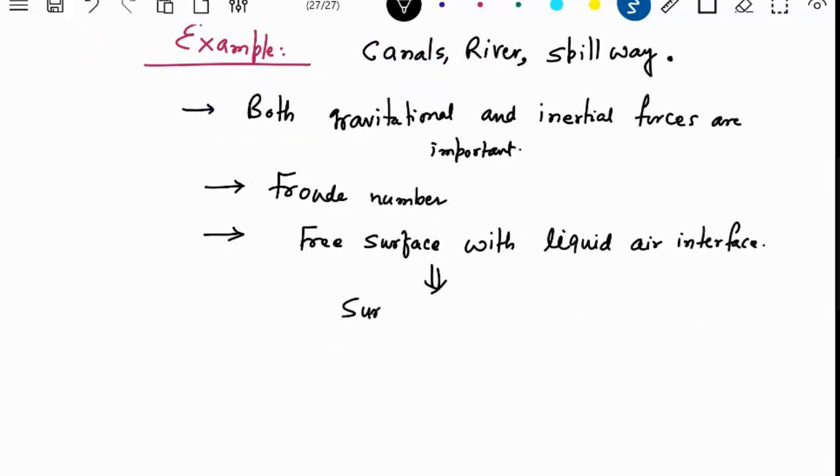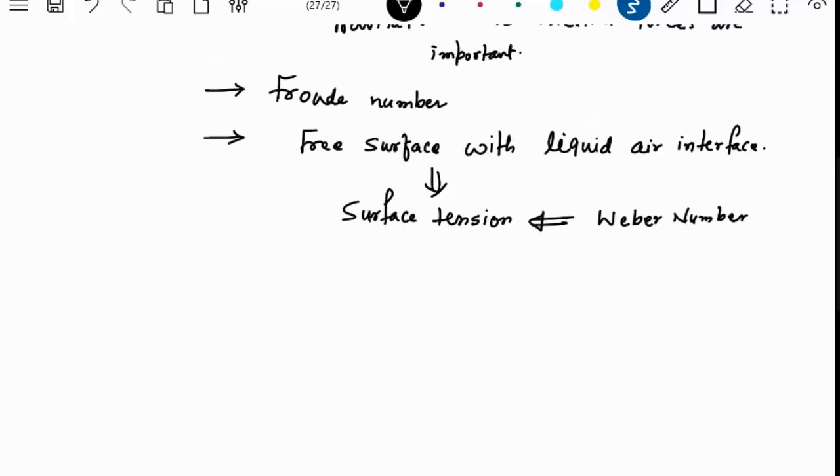So you also have to consider surface tension, and the corresponding dimensionless number is the Weber number. So you have to also make similarity of the Weber number. Of course, you will have to equate the Reynolds number, and you also have to consider geometric similarity.